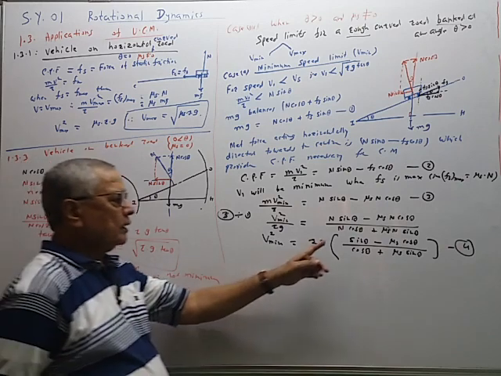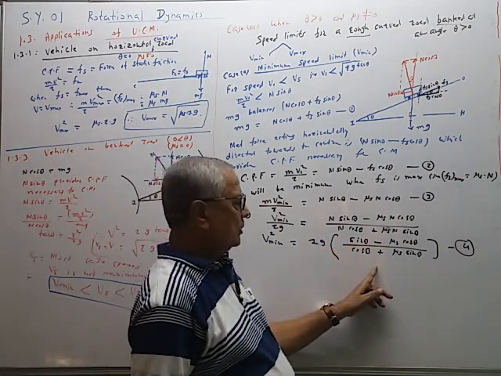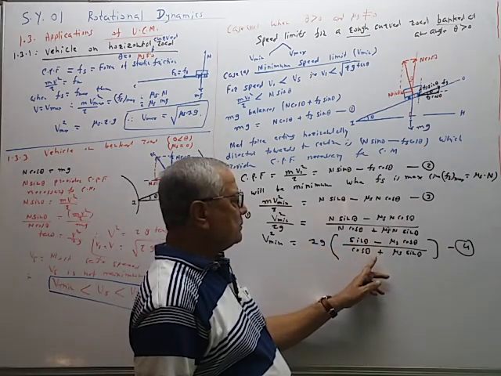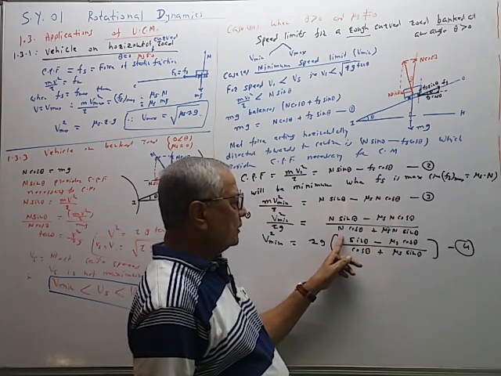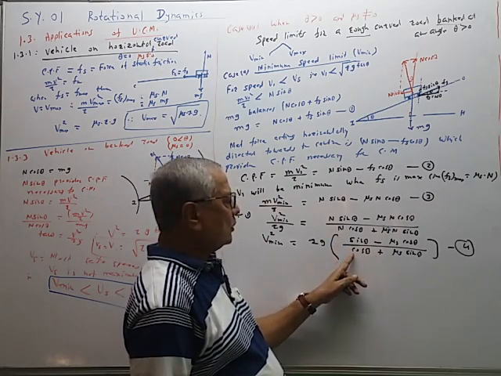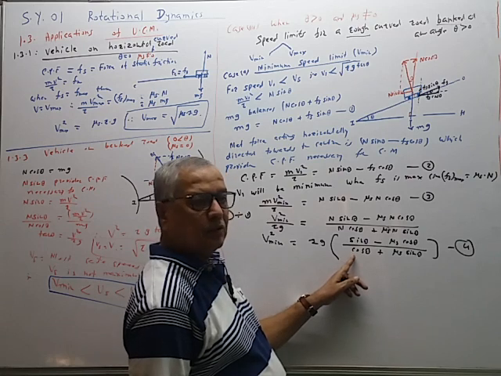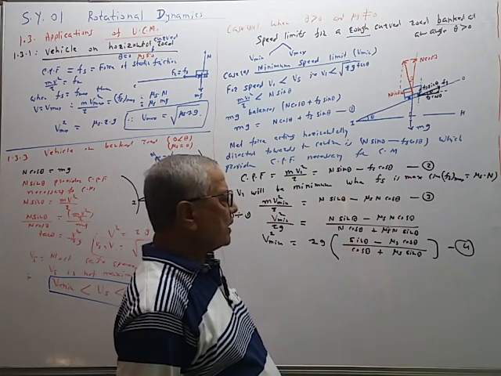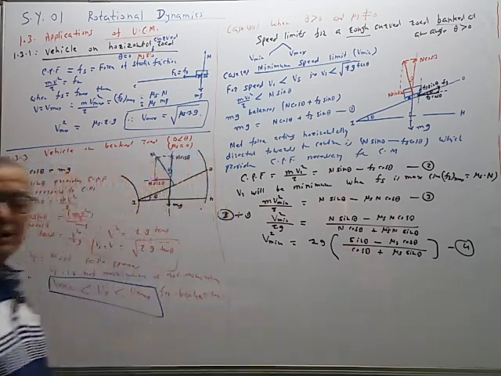Now inside the bracket, what simplification can be done? Divide numerator by cos theta, also divide denominator by cos theta.